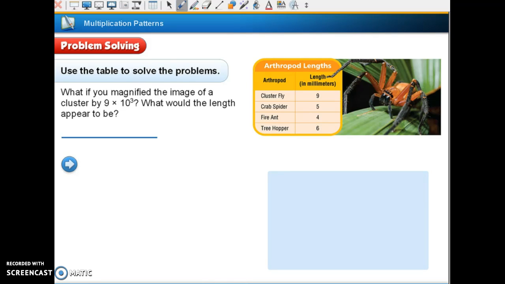So what is 9 times 9? 9 times 9 is 81. 81, and then if we're going to take it to the third power, it'd be 81,000. What is it in? Millimeters.